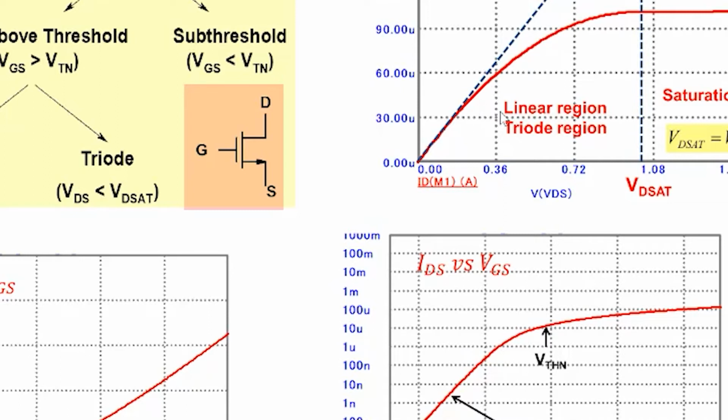We call it the linear region because close to VDS equal to 0 the characteristics are linear. The dividing line between the two regions, linear and saturation, is given by the voltage VDsat, the saturation voltage, whose value is equal to VGS minus VTH. That decides whether the MOSFET is operating in the saturation region or the linear region.